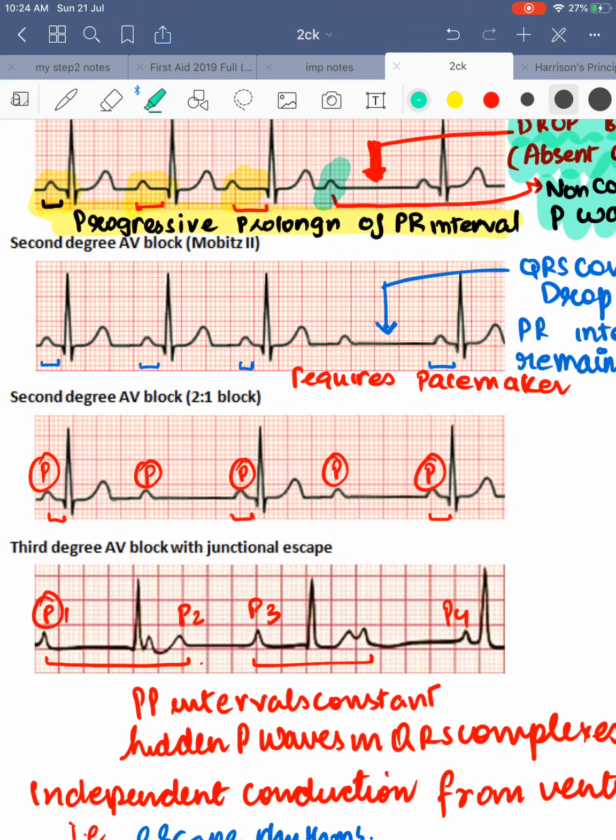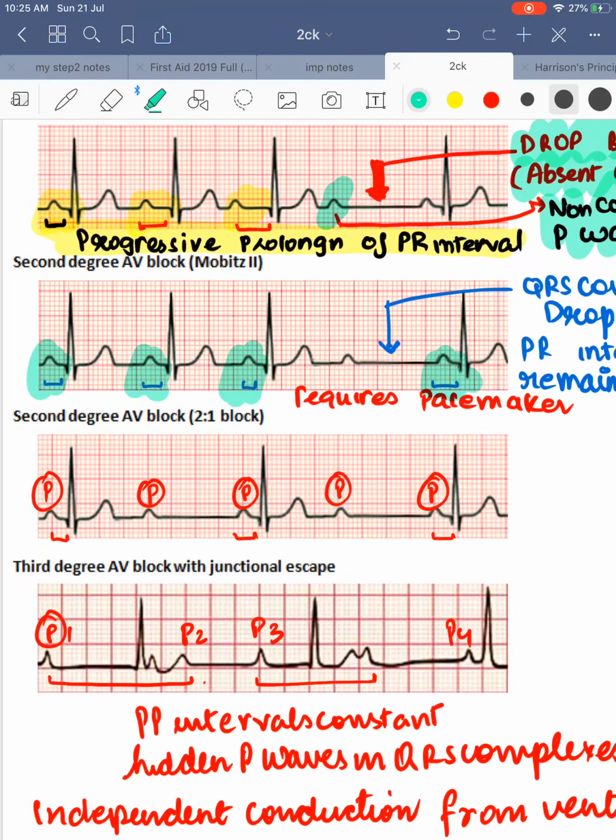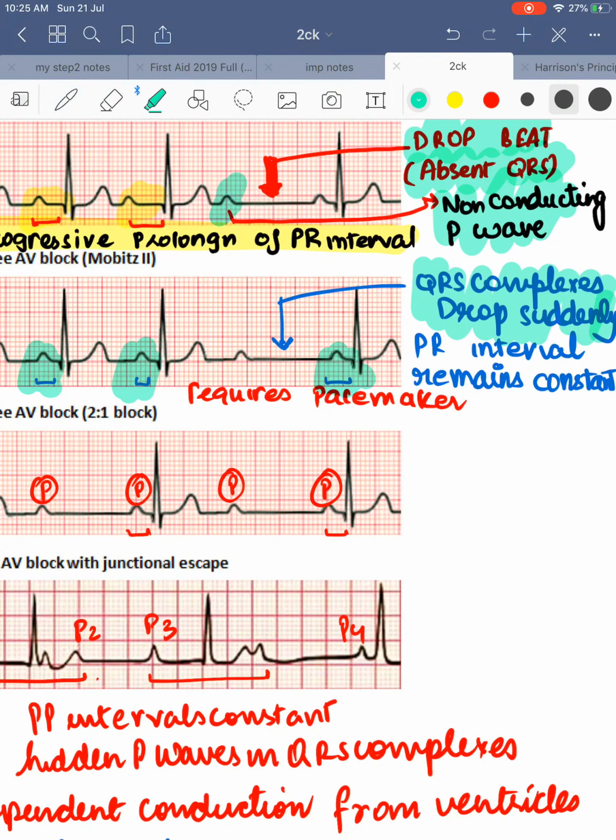Whereas in Mobitz type 2, the block is below the AV node. In case of Mobitz type 1, the block is at the level of the AV node. So if the block is below the level of the AV node, what would happen? As you can see, the PR intervals are quite constant, so they are not increasing, there is no prolongation of the PR intervals, and the QRS complexes drop suddenly out of nowhere.